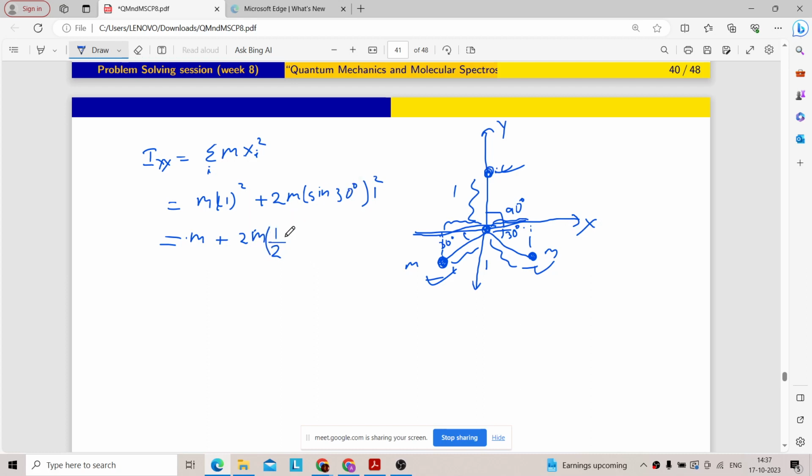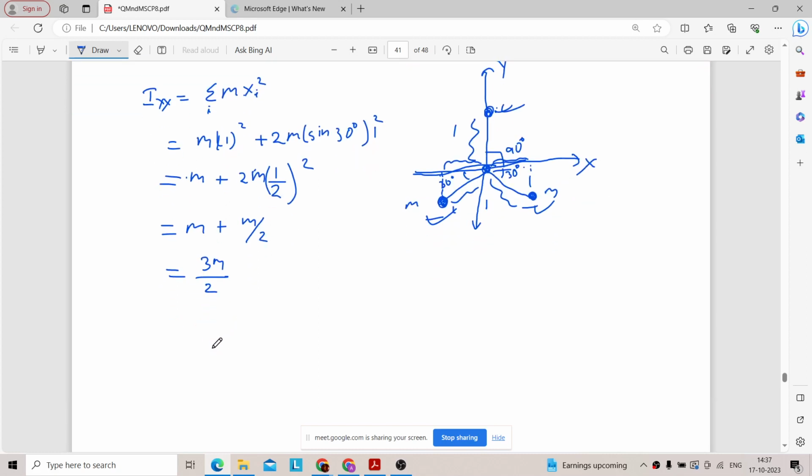So this will give us m plus m over 2, or 3m over 2.